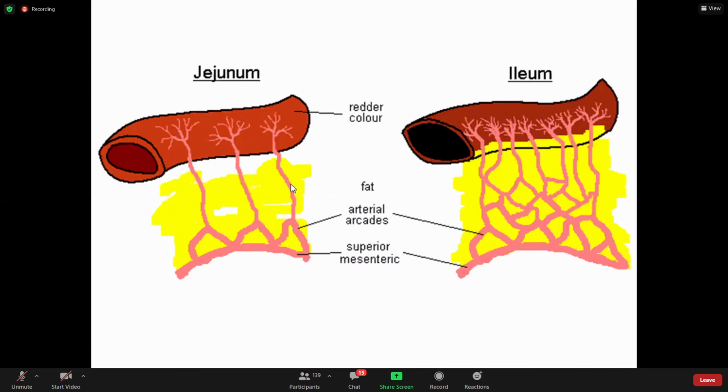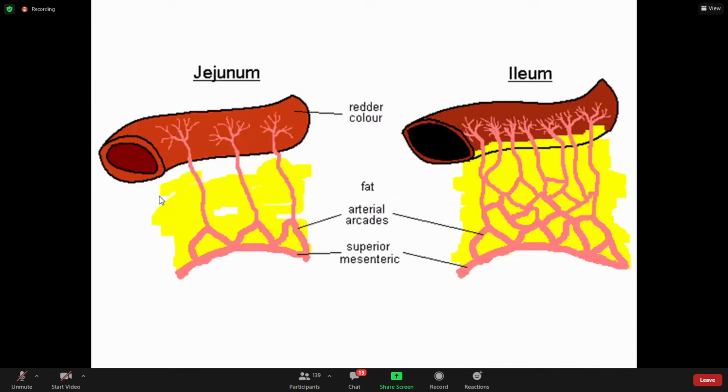And if you look at the vasa recta only, you will be able to appreciate that the vasa recta of the jejunum are more lengthy as compared to vasa recta of the ileum over here. So the main difference in the arterial supply is that these arterial arcades are 1 or 2 rows in case of your jejunum, while in case of your ileum, these arterial arcades are 3 to 4 rows, and there is a difference in the size of the vasa recta.